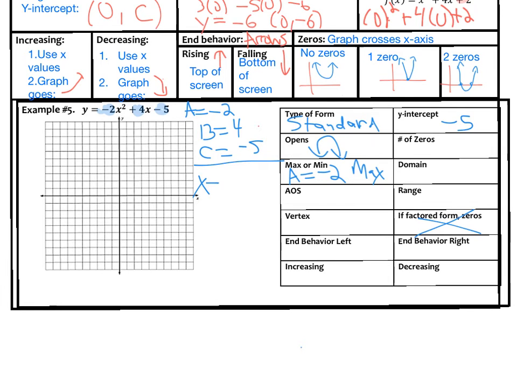So x is going to equal the opposite of b, so -4, divided by 2 times -2. So we type that into our calculator, so that means x equals 1. So now take that and plug it into the original problem.